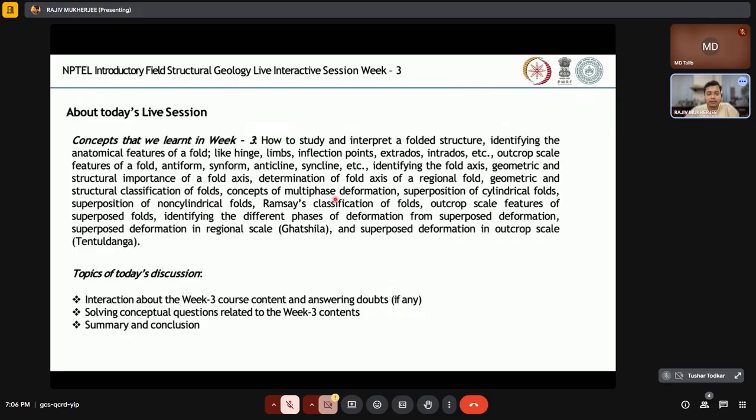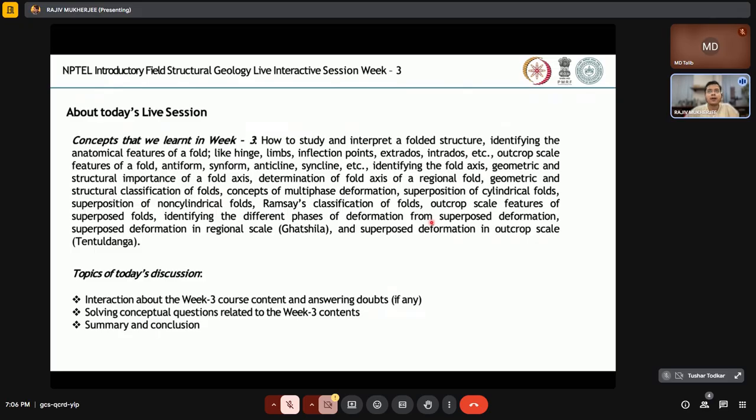And then of course the most important part for identifying different phases of deformation through Ramsey's classification of folds, outcrop scale features of superposed folds, that is whether it is type 0 or type 1, type 2 or type 3, and identifying the different phases of deformation from superposed folding.